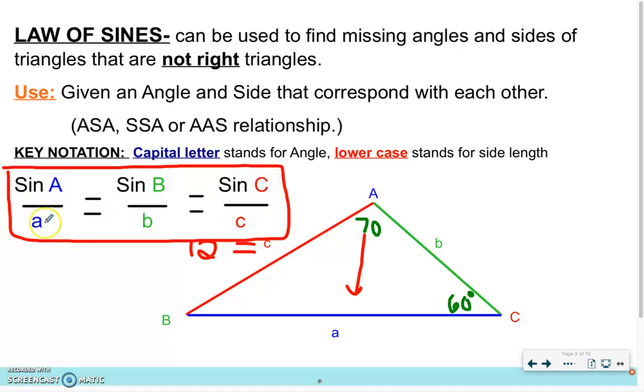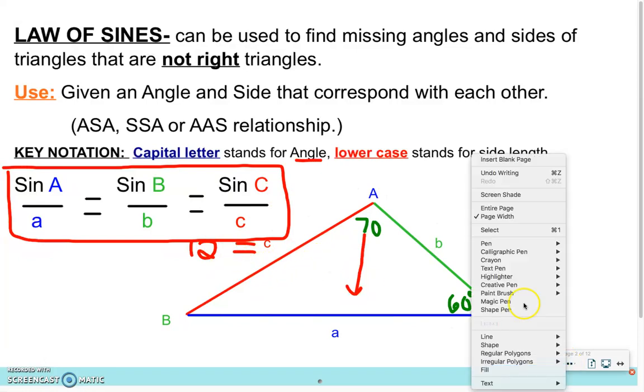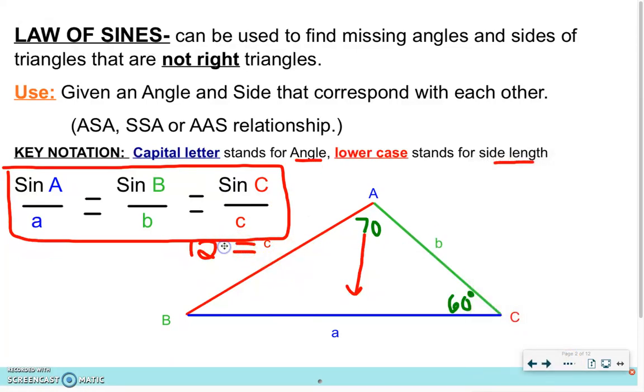So there has to be a ratio between those in order to say that this angle ratio, this angle ratio, and this angle ratio are the same. The key thing is capital letters stand for angles, lowercase letters stand for side lengths. I'm not always going to use A, B, and C. We're past geometry.